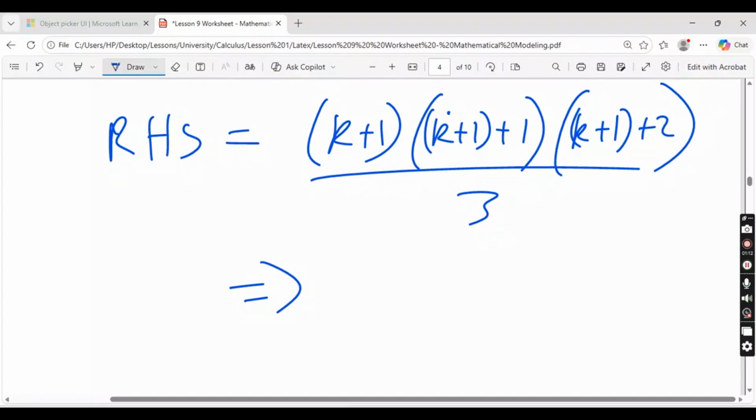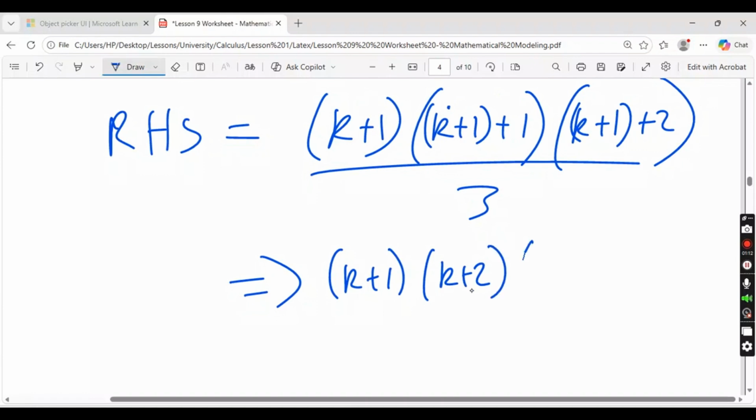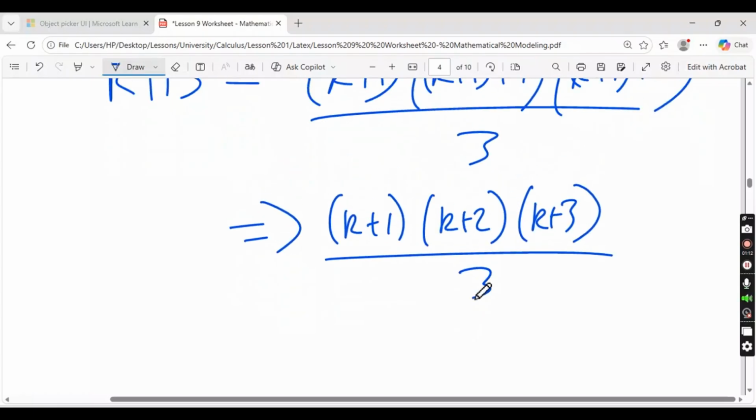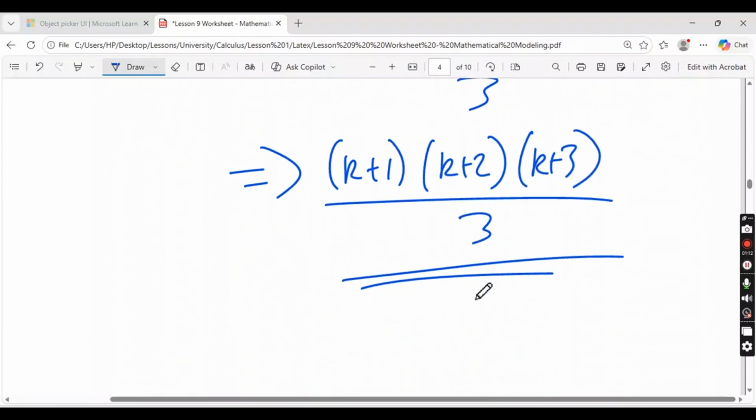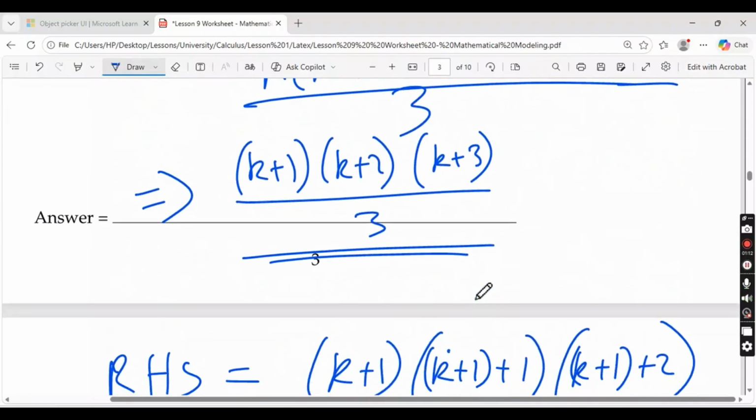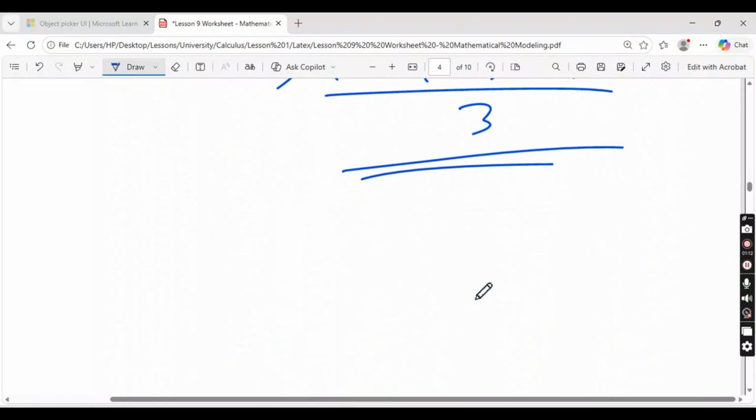And then we say k plus 1 times k plus 2 times k plus 3 over 3. Can we simplify this further? No. Okay, so let's check if it is the same as our left hand side. Is it the same? Yes, it's the same.